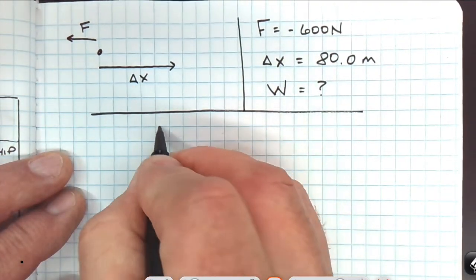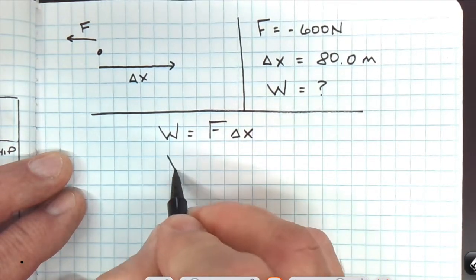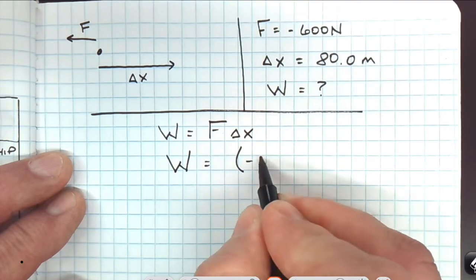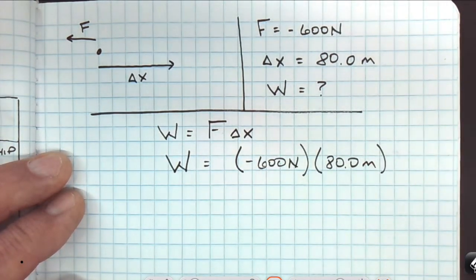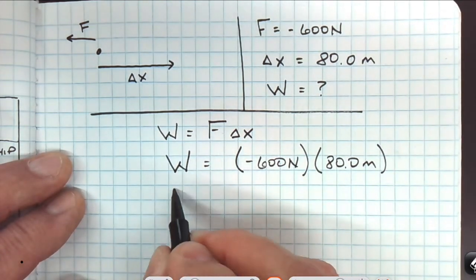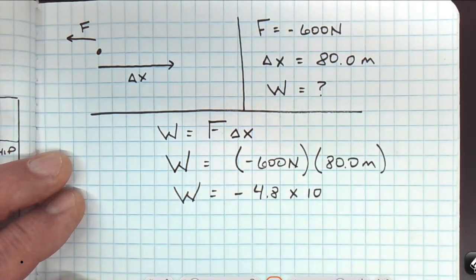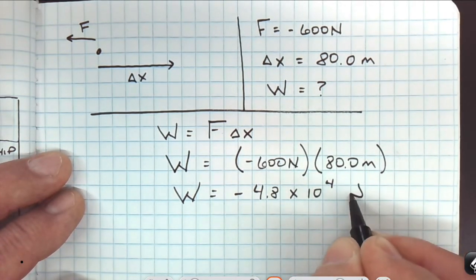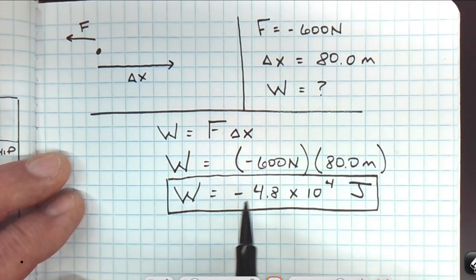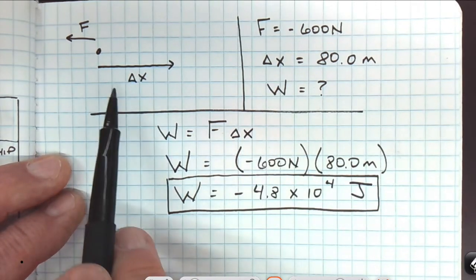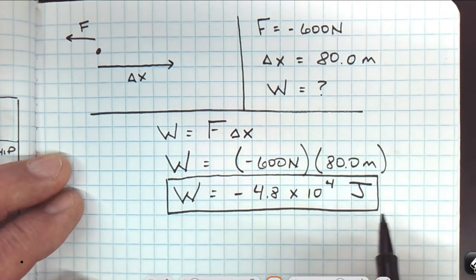Here's our equation. All right, the work done by the brakes will be negative 4.8 times 10 to the 4 joules.